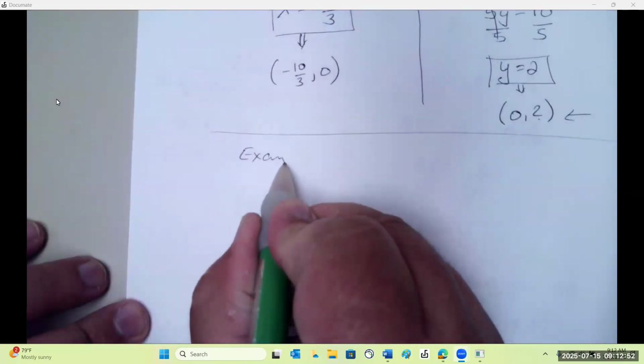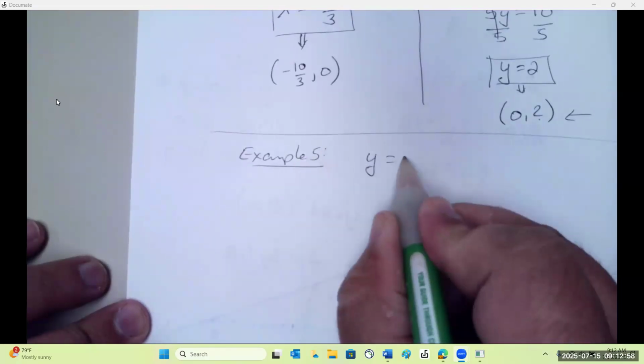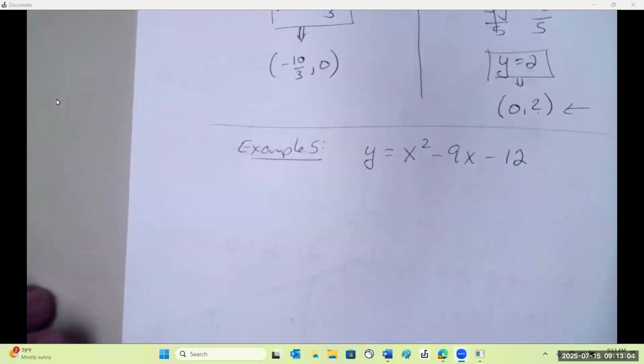Example 5. Y equals x squared minus 9x minus 12. We won't bother finding the x-intercept here because I don't agree with what the author did here.